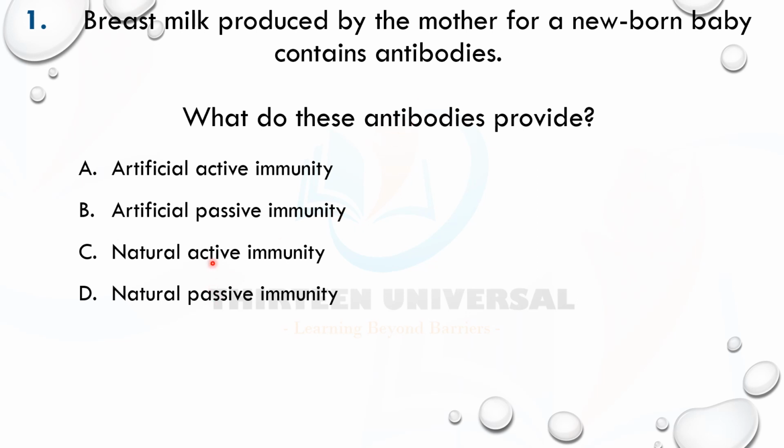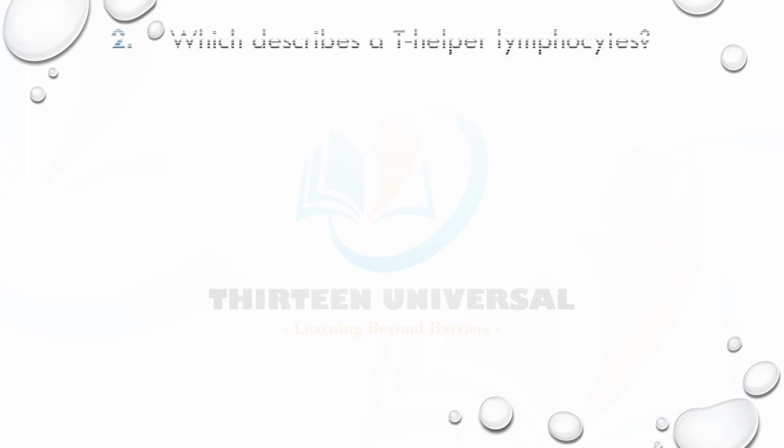But if the organism can make its own antibodies, it is active. In this case, the newborn baby cannot make them, so this is passive. So the answer is D. Let's go to the next question quickly.